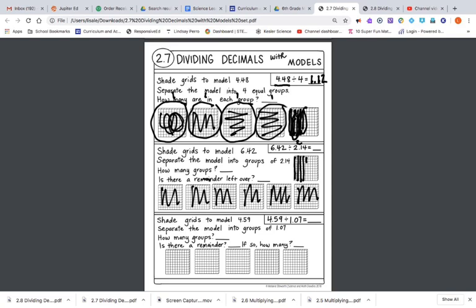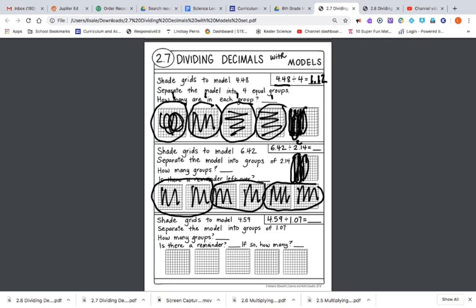So this time, I want to put in 2 and 14 hundredths in each of my groups. So here is 2, and I need 14 hundredths. Again, I'm going to try and do my best with this. So that would be a group of 2 and 14 hundredths. This would be another group, and then I would take another 14 hundredths, and then I would take another group of 2 and another group of 14 hundredths.